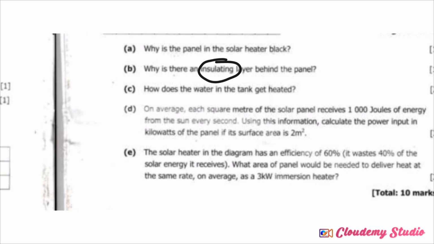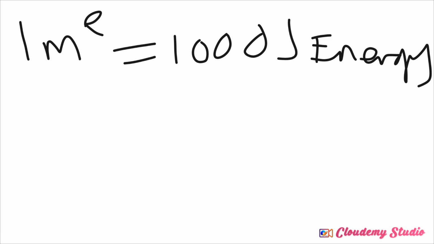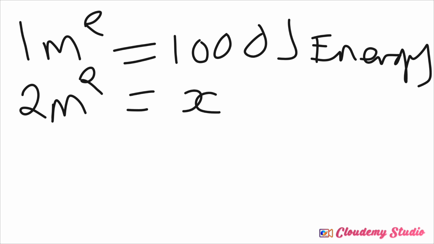Using this information, calculate the power input in kilowatts of the panel if its surface area is 2 square meters. So we are going to find the power.